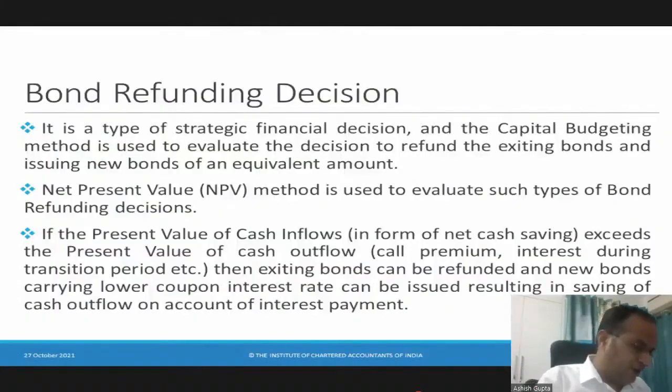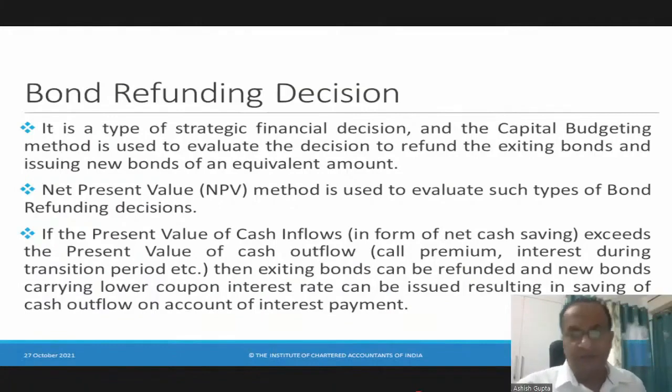Students, what happens? Bonds are normally long-term assets, and since it involves a fixed commitment of interest, sometimes a company may decide to refund the bonds. Normally, it decides to refund the bonds when it wants to save cost.